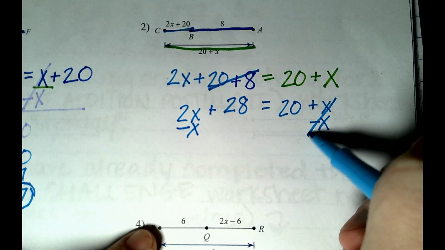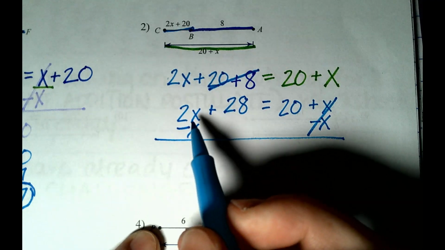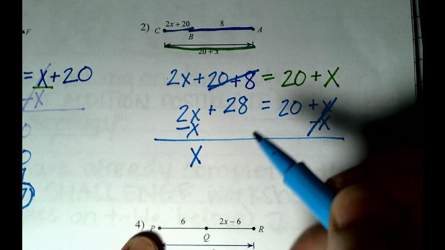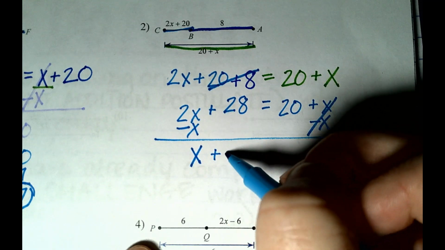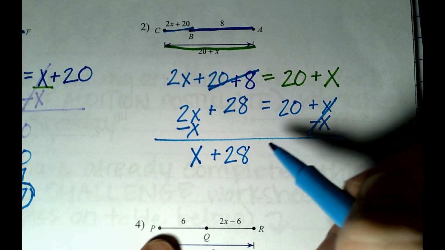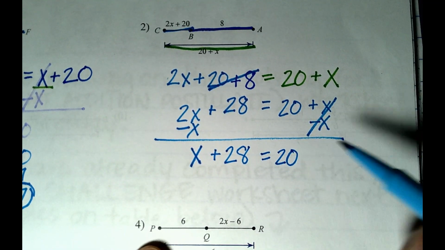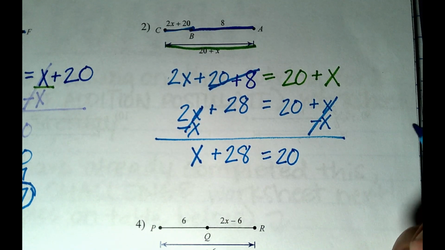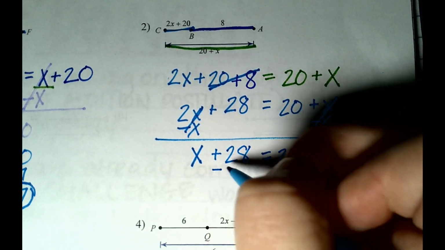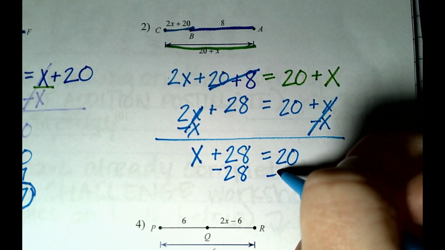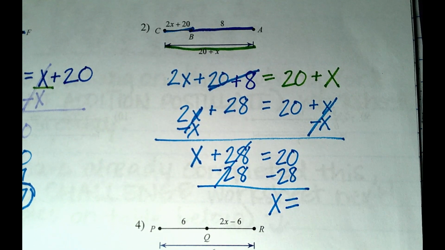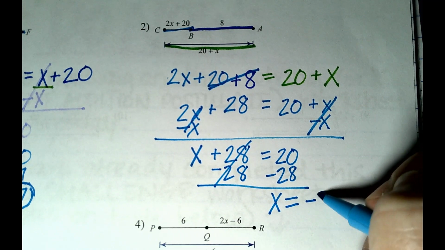So we can get rid of it there. 2x minus x. That leaves us with x by itself. Bring down the plus 28 equals 20. And what is my last step? Minus 28 from both sides. Good. And that's going to give us an answer of x equals negative 8.